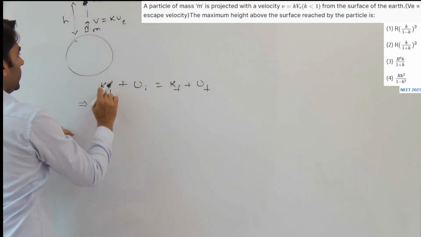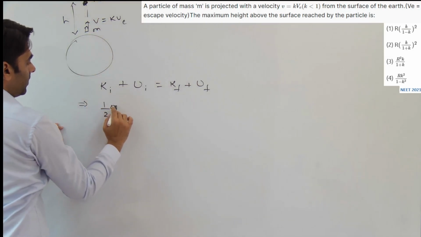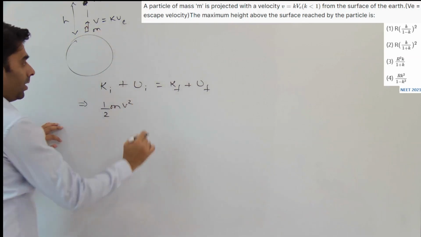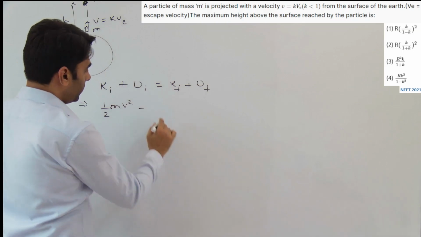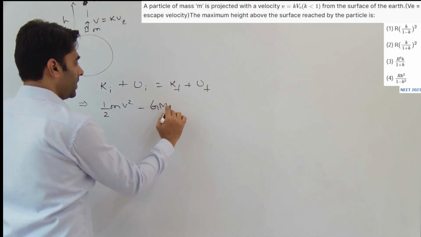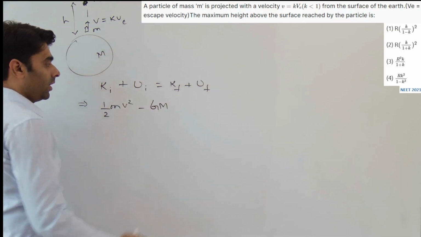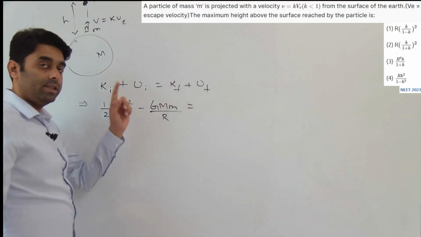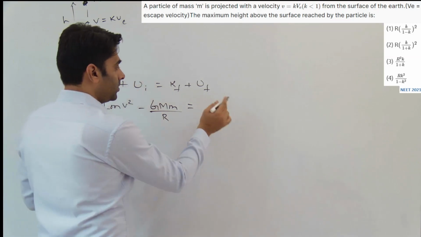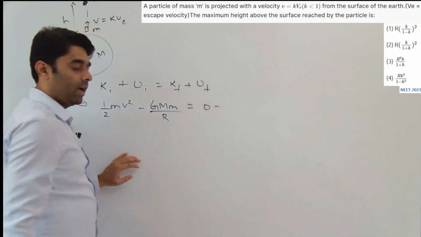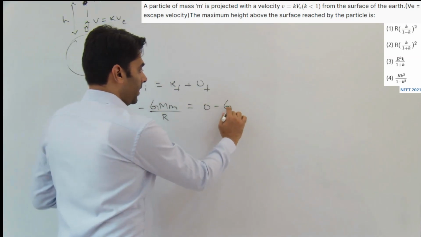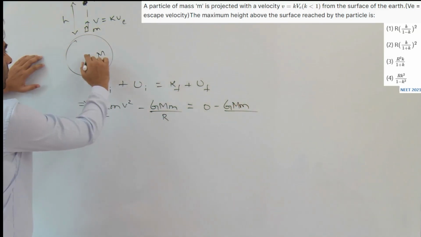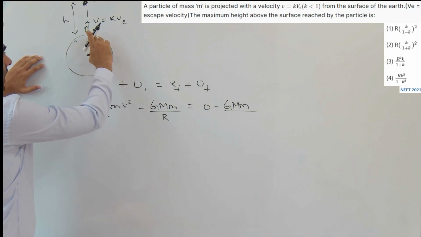Initial kinetic energy is half mv square. Potential energy on the surface is minus G M m by R, where capital M is the mass of Earth. Final kinetic energy at the highest point is 0. Potential energy at the highest point is minus G M m by the separation. Separation is measured from the center, that means R plus h.